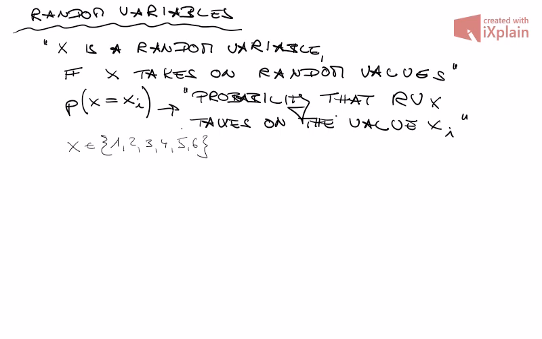And we say, okay, let's say X takes on the value 1, 2, 3, 4, 5, or 6 with equal probability. Then we can say the probability of X being i is 1/6, where i is in there.